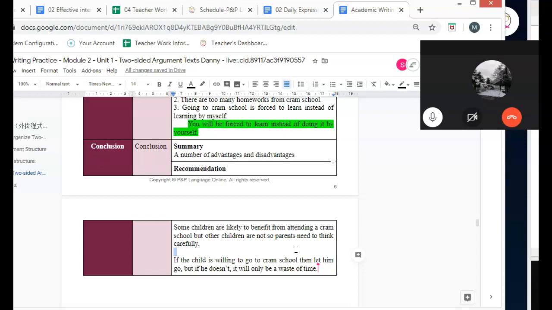Okay, so when your parents told you that you would be learning in a cram school, what was your first thought? Did you want to or didn't you? I am willing to go, but I know it is tired.